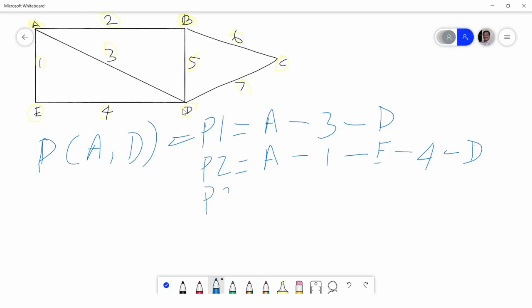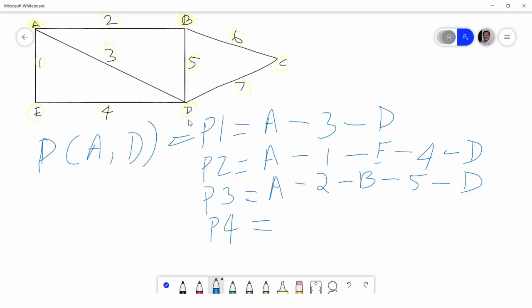Similarly, path 3, P3, talks about A, B and D. From A via edge 2 you reach B, and from B via edge 5 you reach D. This is another path, P3. There is one more path, it is P4.